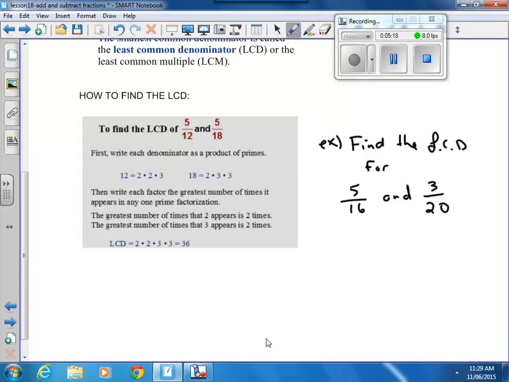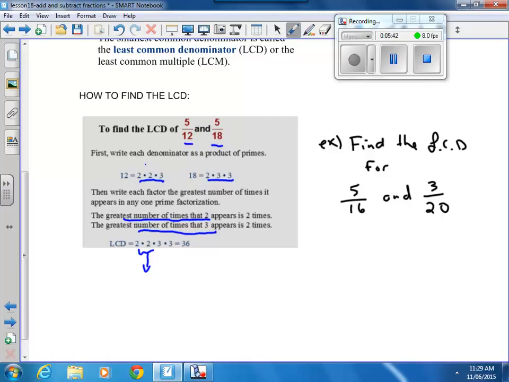If you look at 12 and 18 and the LCD, the least common multiple, doesn't instantaneously pop in your head, you can do the prime factorization for 12, the prime factorization for 18, and then notice you gather the greatest number of 2's, the greatest number of 3's that appear in those prime factorizations.